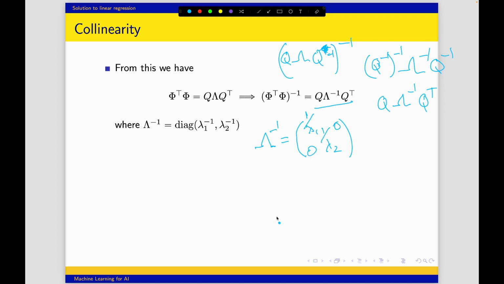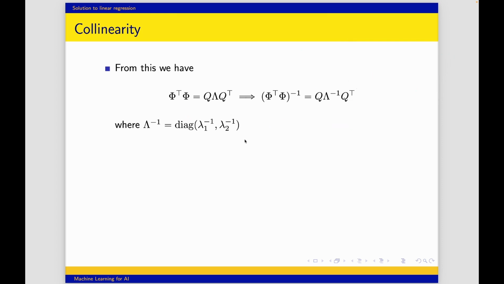So the inverse of a diagonal matrix is very easy to find. It's just the reciprocals of the diagonal. So that's what this means here: diag of 1 over lambda 1, 1 over lambda 2, which is this matrix here. So this is the inverse of this, which, if you recall, appears in the Moore-Penrose pseudo-inverse.